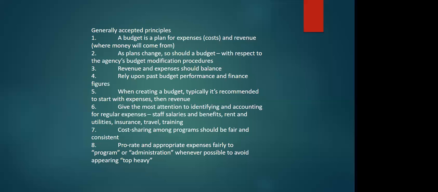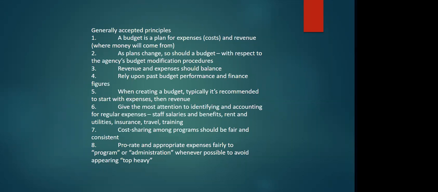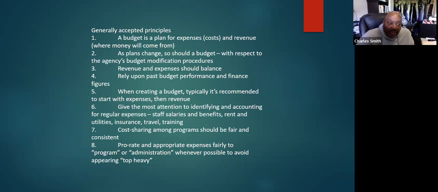Read those principles. 1, a budget is a plan for expenses, costs, and revenue, where the money will come from. 2, as plans change, so should a budget, with respect to the agency's budget modification procedures. 3, revenue and expenses should balance. 4, rely upon past budget performance and finance figures. 5, when creating a budget, it's typically recommended to start with expenses, then revenue.